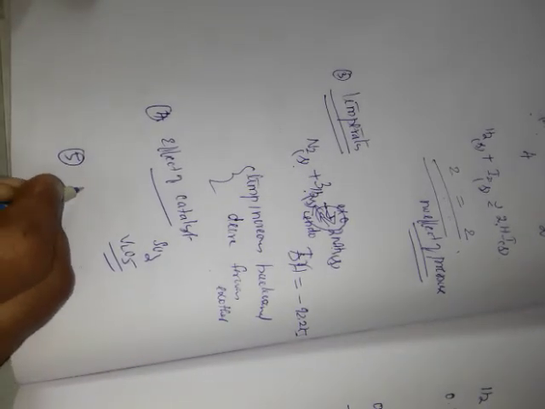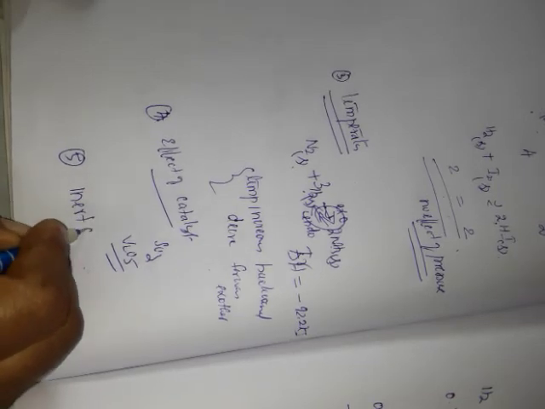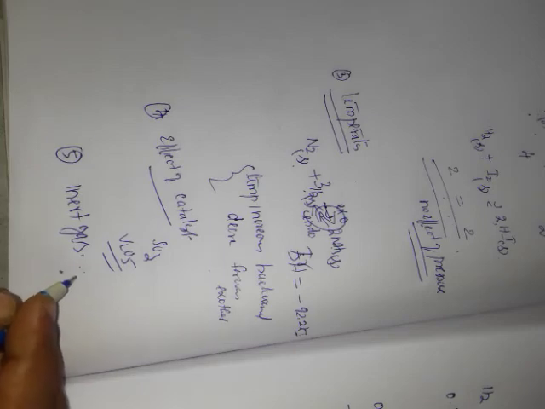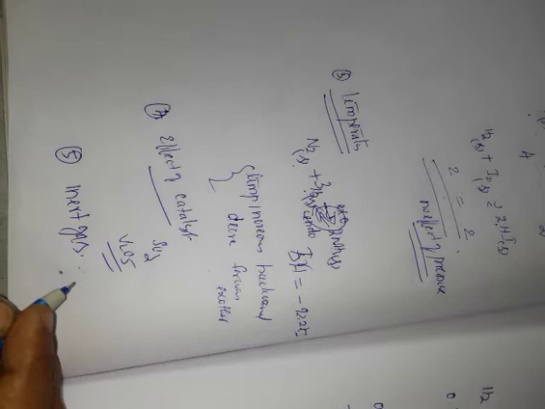Fifth factor, effect of inert gas. Already you know the inert gases: helium, neon, argon, krypton, xenon, radon. These inert gases won't react with any other species involved in the equilibrium because they are inactive, so they are called inert gases.